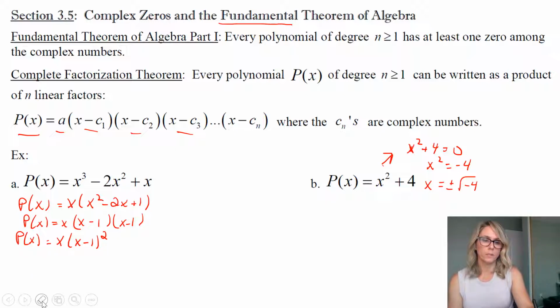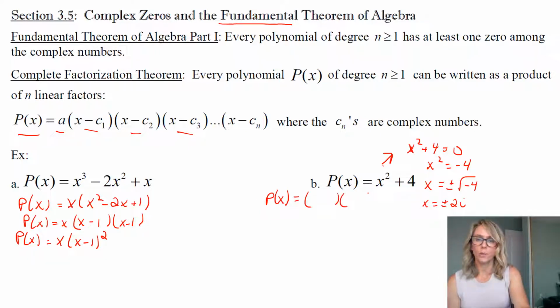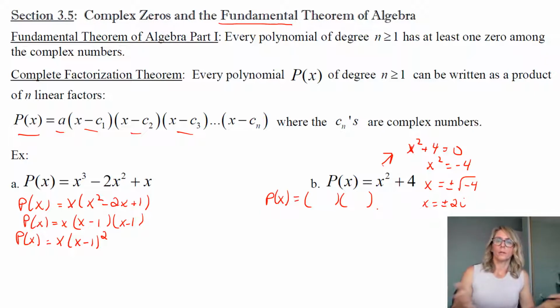I'm just going to move myself over a little bit. So understanding that the square root of negative 4 is 2i, because the square root of 4 is 2 and the square root of negative 1 is i, we end up with x is plus or minus 2i. Now, all that we're trying to say here with this complete factorization theorem coming down from the fundamental theorem is you can then write x squared plus 4 as the product of two factors.